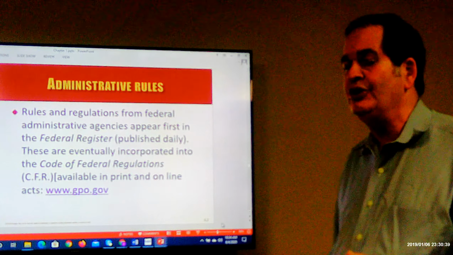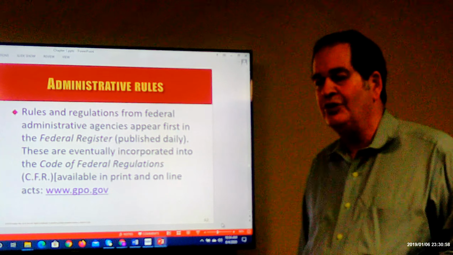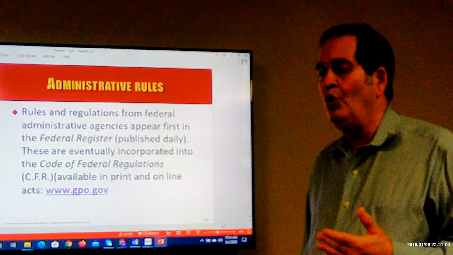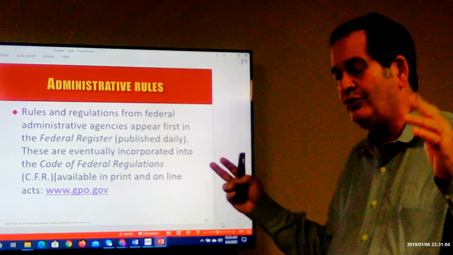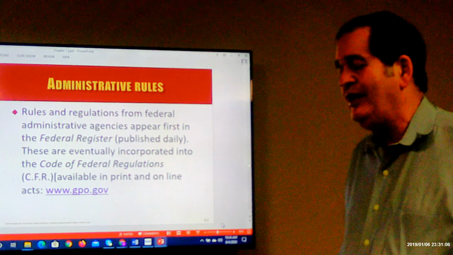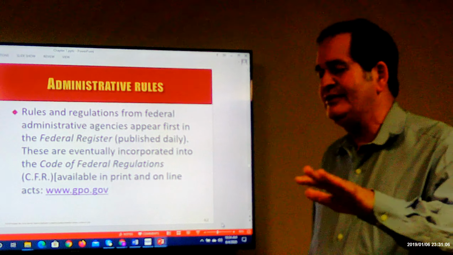But the administrative regulations at the federal level are issued by agencies and published in the Federal Register. The Federal Register is pretty much useless to most of us, except lawyers who follow it, usually for trade organizations or for particular groups. But at any rate, let's move beyond that because it's not particularly useful to you.